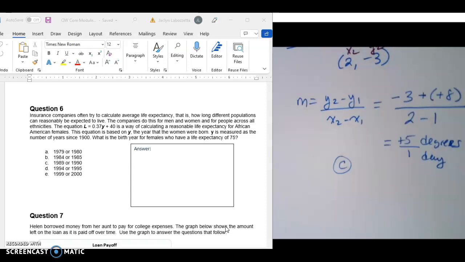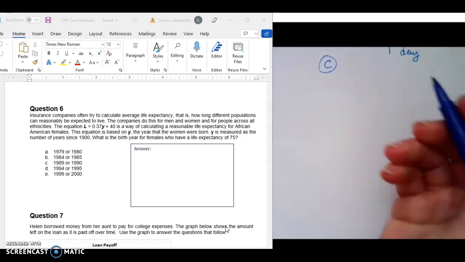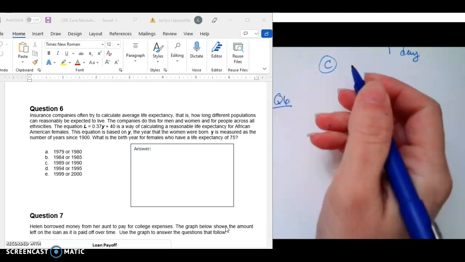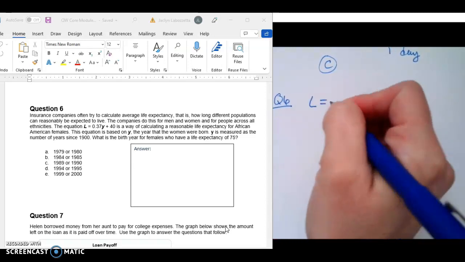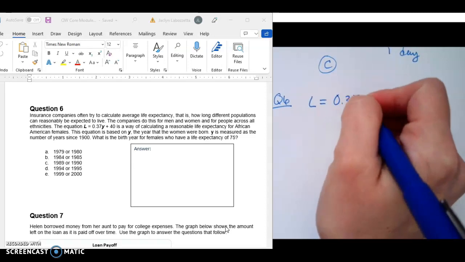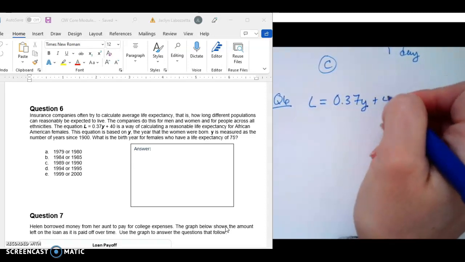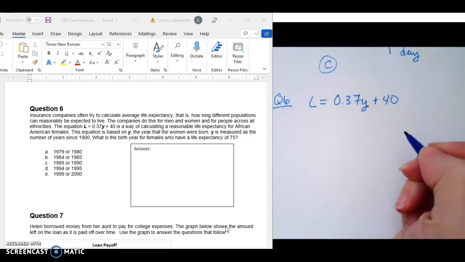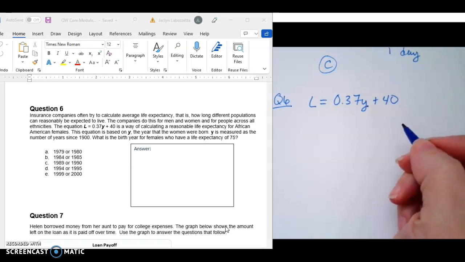All right, so here let's write out the linear model that we are given. L equals 0.37y plus 40. So Y is the year that they were born. L is the life expectancy. So we want the birth year for females who have a life expectancy of 75.